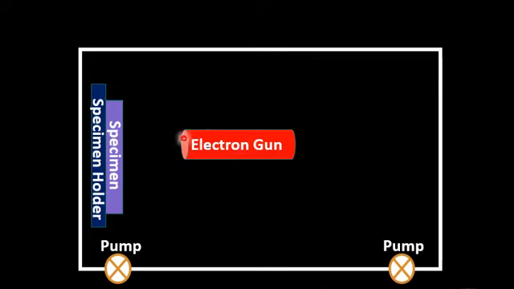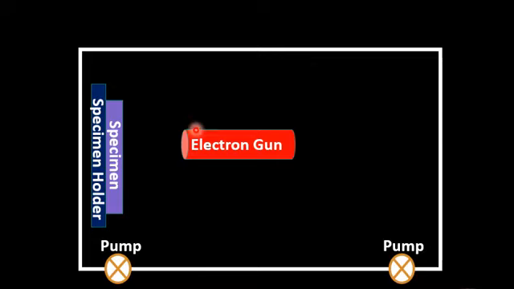So basically the electron gun is an instrument which emits a highly energetic stream or beam of electrons. These electron beams have higher energies; the energy range is around 30 kilo electron volt or even more.